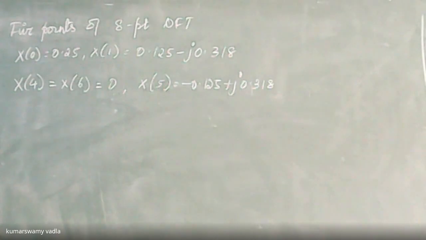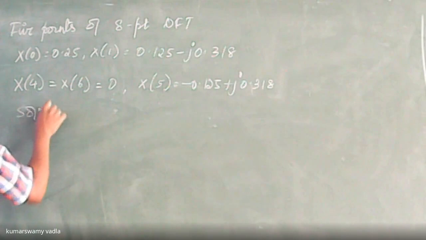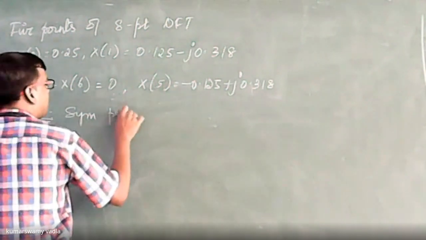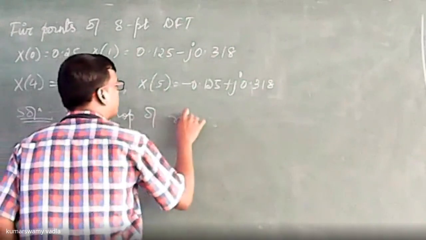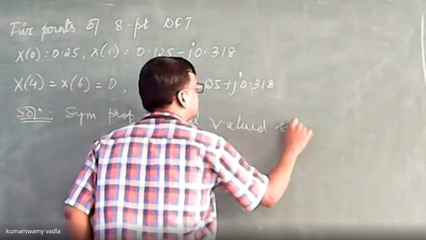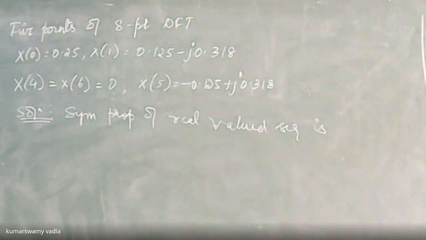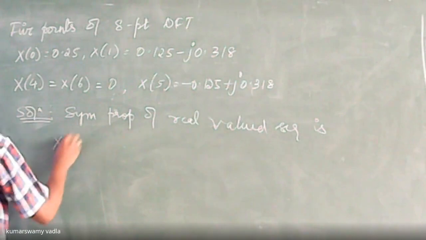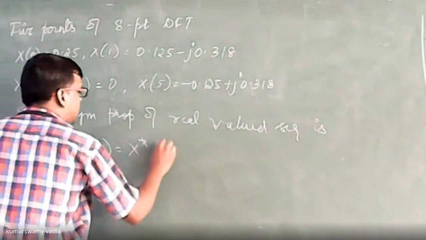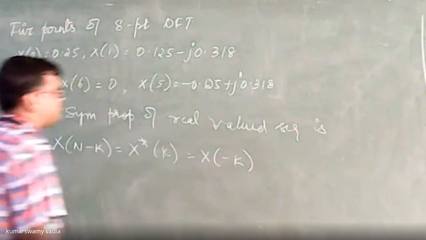The symmetry property of a real valued sequence is: capital X of n minus k is equal to x conjugate of k is equal to x of minus k.